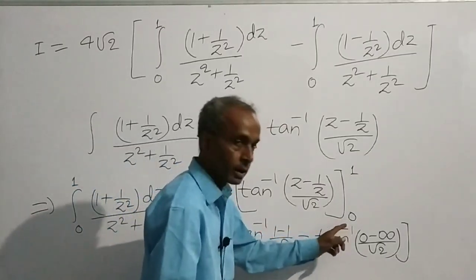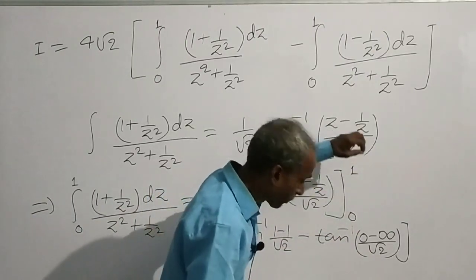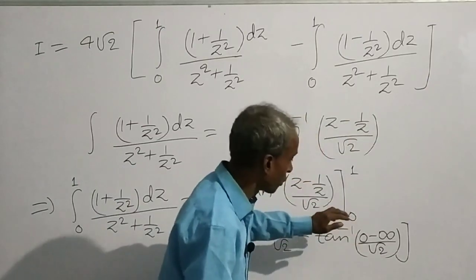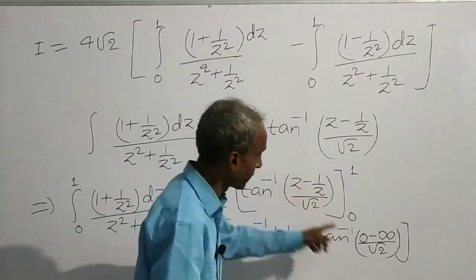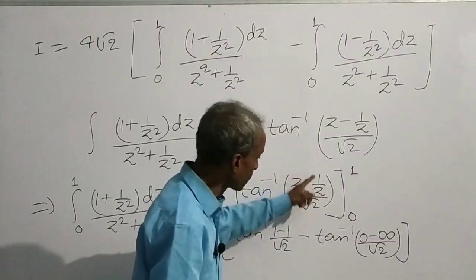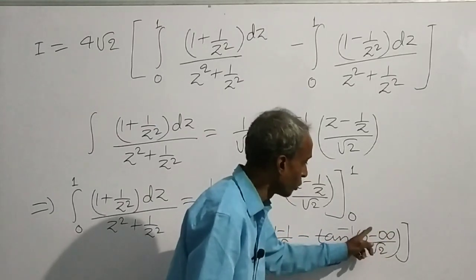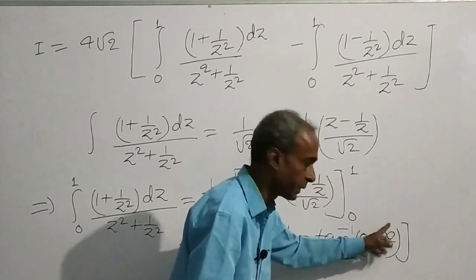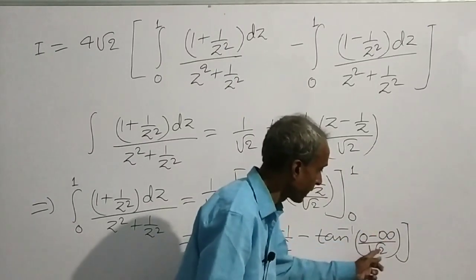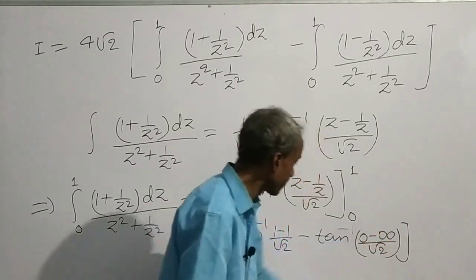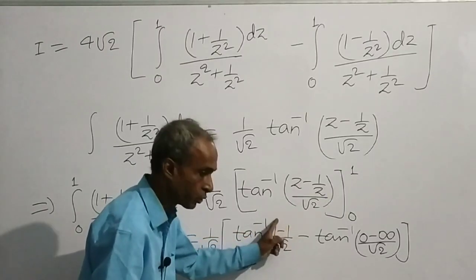And when z tends to 0, remaining greater than 0, that means from right hand side, then this tends to 0 and this 1 by z tends to infinity. 0 minus infinity by root 2, then this bracket will tend to minus infinity and this will tend to 0.